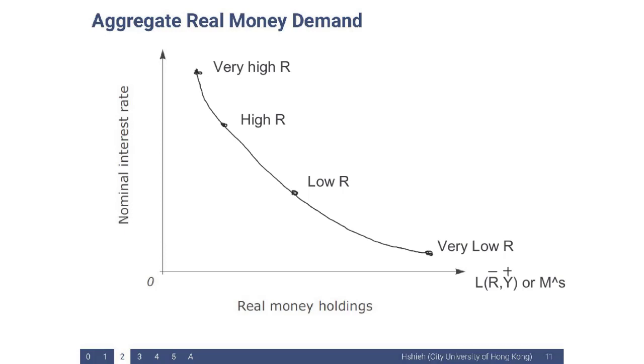So this is our y-axis. This is R. But it could be R star as well. Not only monetary policy from the domestic country, but you can also think about monetary policy from the foreign country. But anyways, our y-axis for now is going to be nominal interest rates, and the x-axis is money supply, or real money holdings.